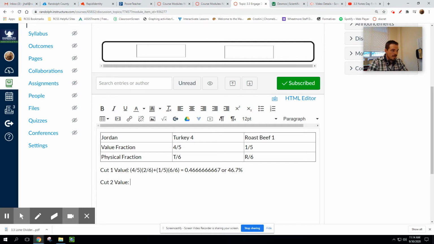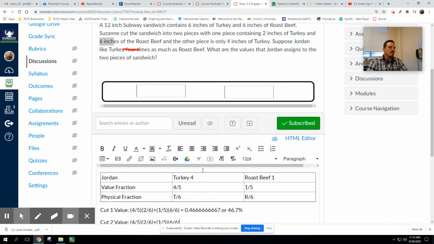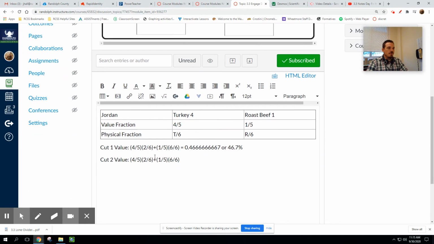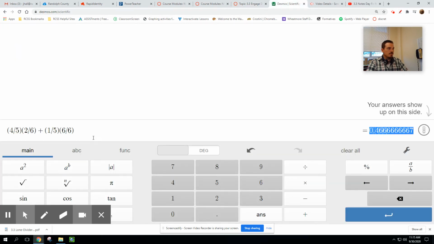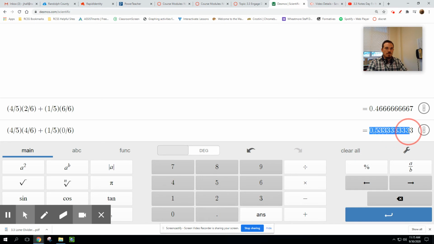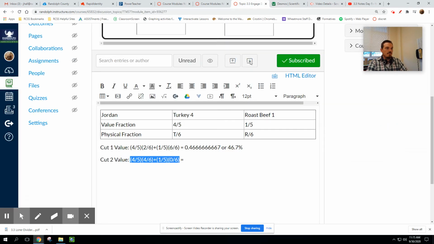Now let's do the value of cut 2. Everything is the same with his values of fractions. Some of us are having trouble with those fractions. But now the other piece is only the 4 inches of turkey. So we can do 4 out of 6, and this would be 0 out of 6. If I do a little copy paste here, we get this, and I'll copy this and paste it here.